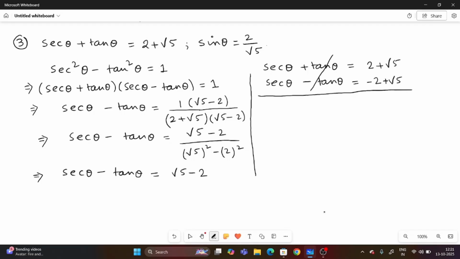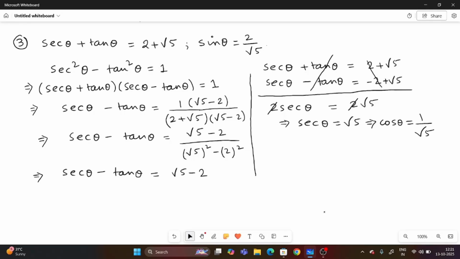Adding these equations, we are getting 2 sec theta is equal to 2 root 5, 2 cancelled. So sec theta is equal to root 5. That implies cos theta is equal to 1 by root 5.